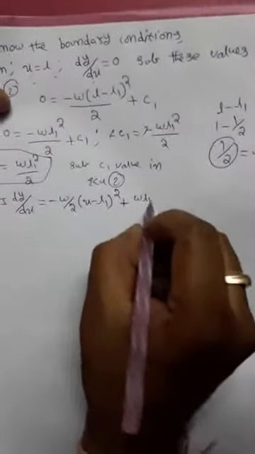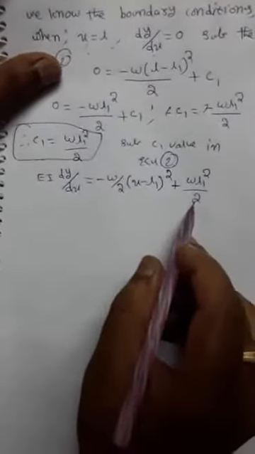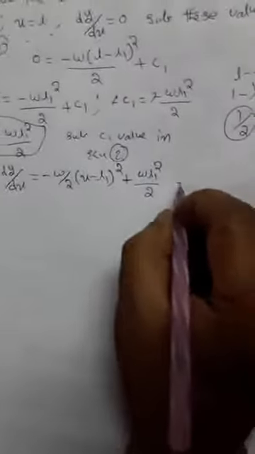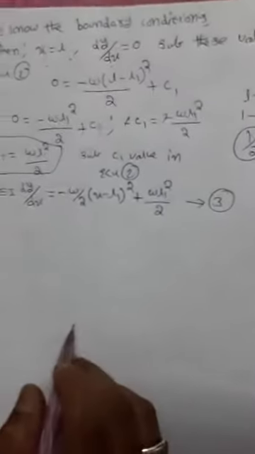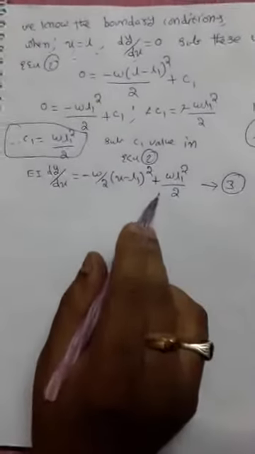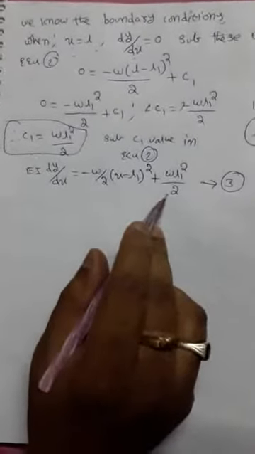So plus C1 is nothing but plus w L1 square by 2. After getting the C1 value you can substitute it in equation number 3. You can get an equation like this, and this is denoted as equation number 3.